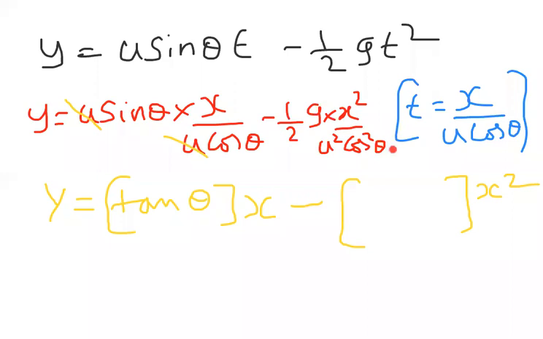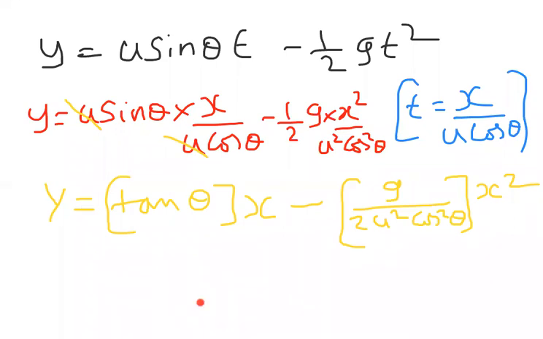Inside we have g by 2u square cos square theta. So our expression is y is equal to tan theta into x minus g by 2u square cos square theta into x square. No magic, we did. The above expression we have only written in this way.